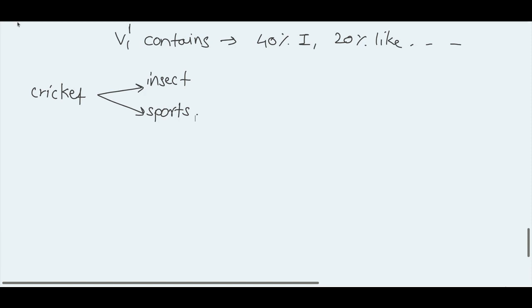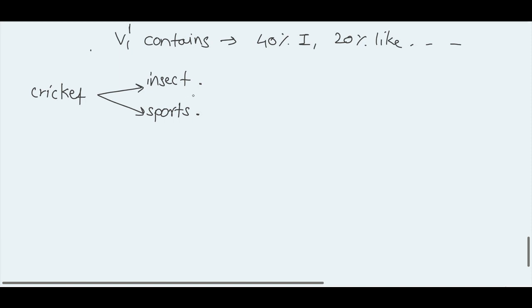Now to understand it even better, we will look at the example which we had taken. Generally, we as humans, when we look at this word cricket, this word alone can mean two different things, right? It represents a type of sport, and it also represents a type of insect, those that make noises at night.